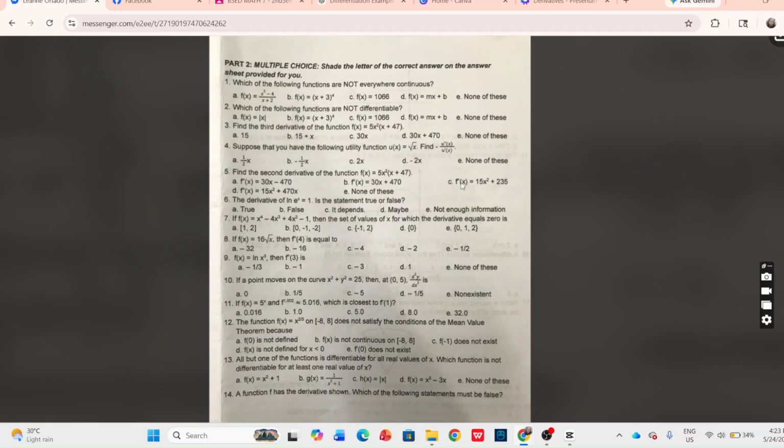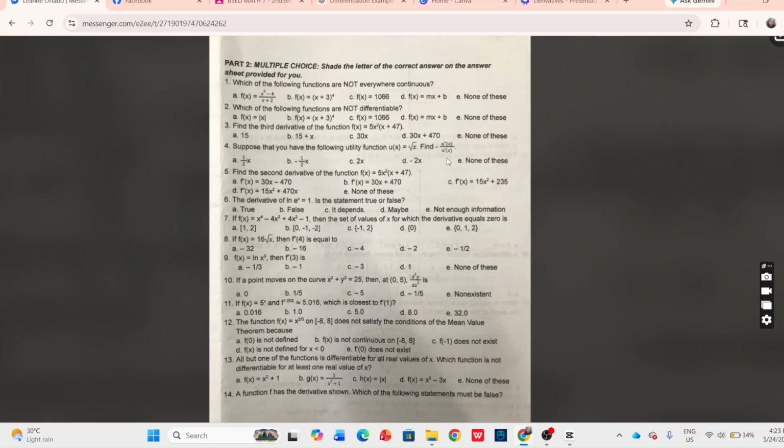And then we will get the derivative of this one, which is 1/2 x to the power of negative 1/2. By applying the power rule, it gives us negative 1/4 x to the power of negative 3/2. So that is our second derivative for the function square root of x.